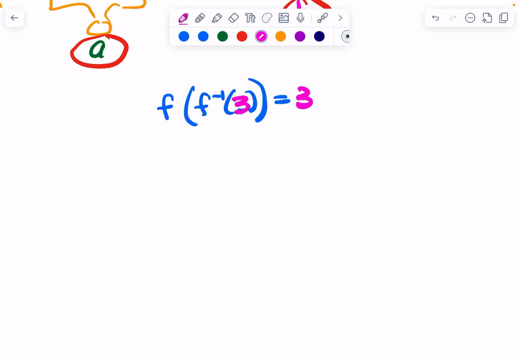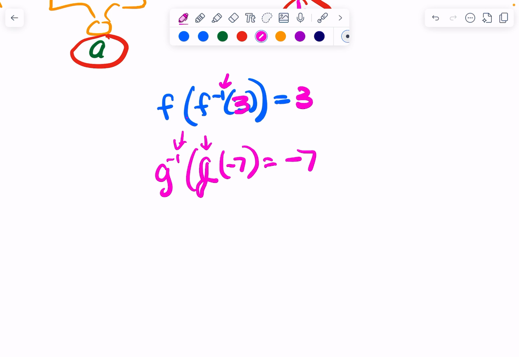If they're already telling me using the symbol and showing me inverses, I know that whatever goes in comes out. So if I was talking about g inverse of g of -7, -7 will come out because these are inverses, right? We're telling them that they're inverses. Okay, that's just like a little shortcut.